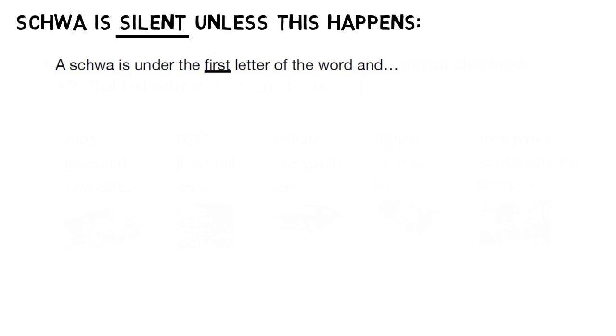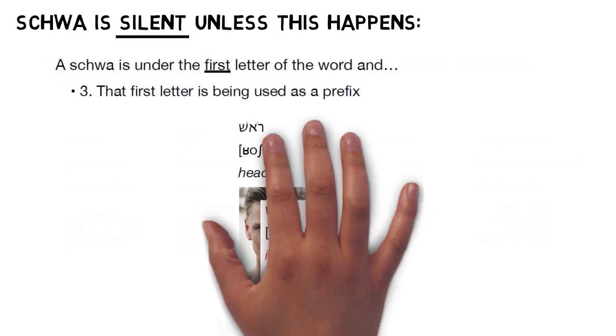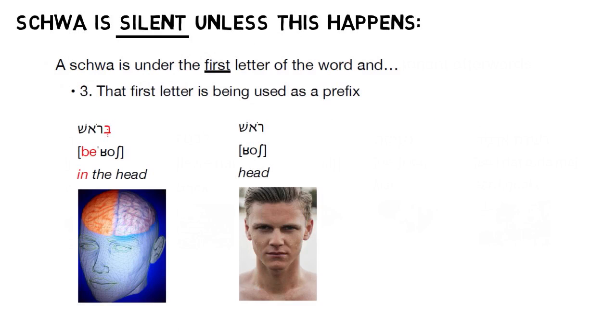Category 3. There are 4 letters that are important single-letter prefixes in Hebrew. I'll give you an example of what I mean. This is the word Rosh. It means head, but if you add a be right in the beginning, you get berosh, in the head. That be prefix does the same thing as the English preposition in, and it's always pronounced as be, even though it's spelled with a schwa and it's not one of our special 5 letters from category 2.